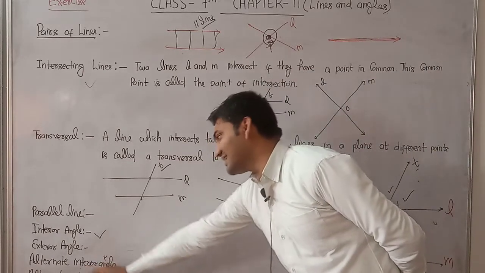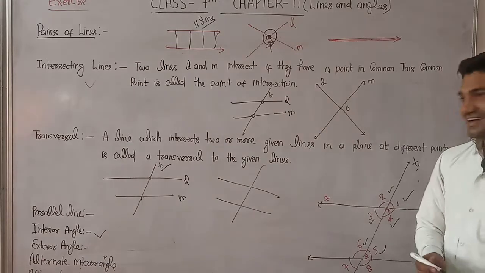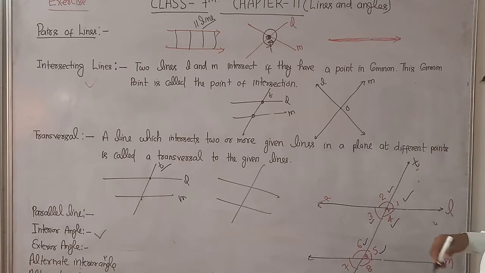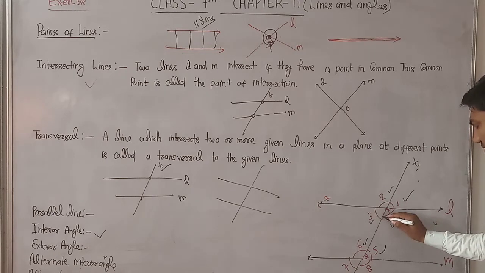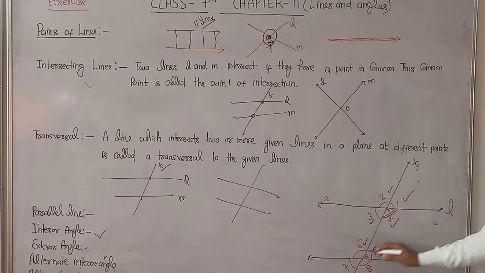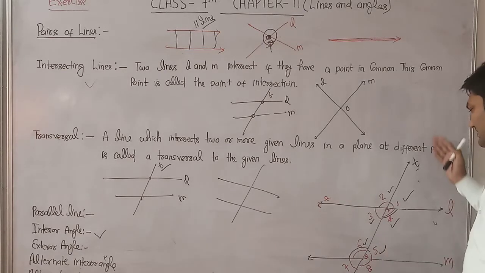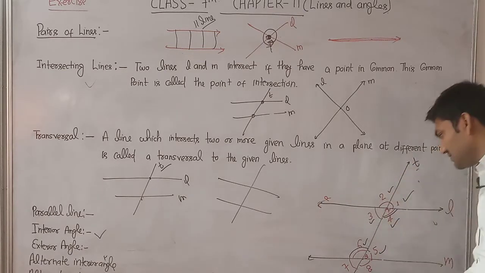Now the second concept is alternate interior angles. If two lines are intersected by a transversal, many angles are formed.